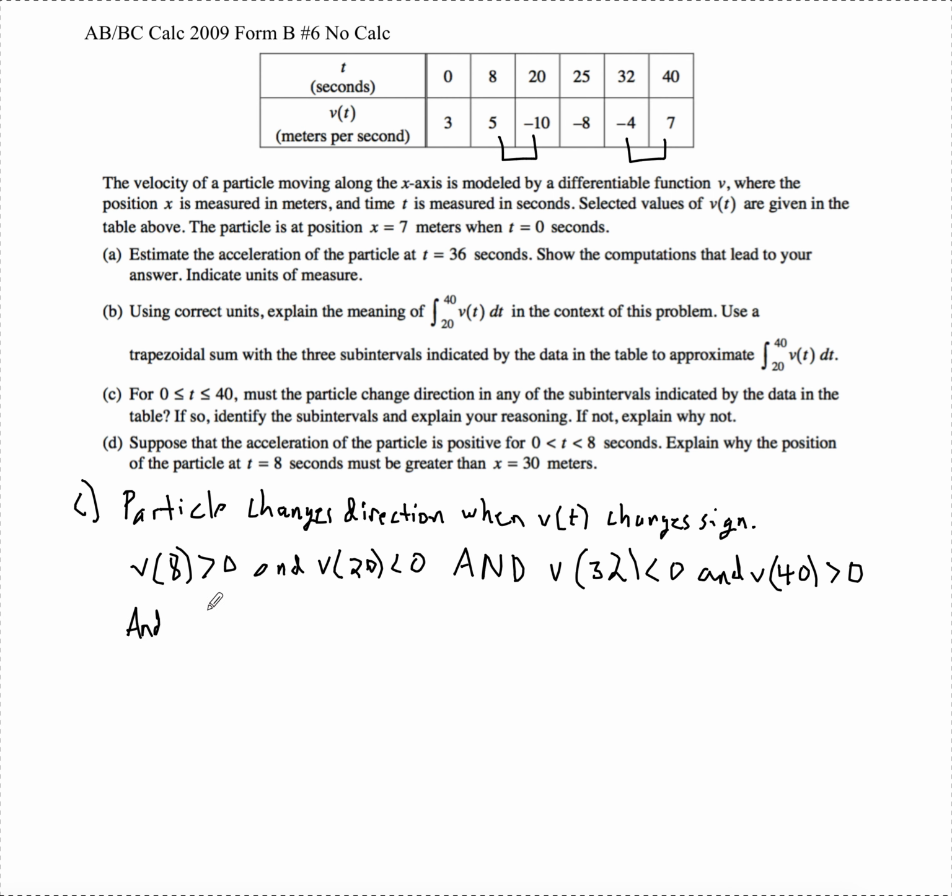And, well, to be able to prove that we're changing sign by just looking at signs, we need to be able to use the IVT, right? And V is differentiable and continuous. Therefore, by the IVT, the particle changes direction twice.